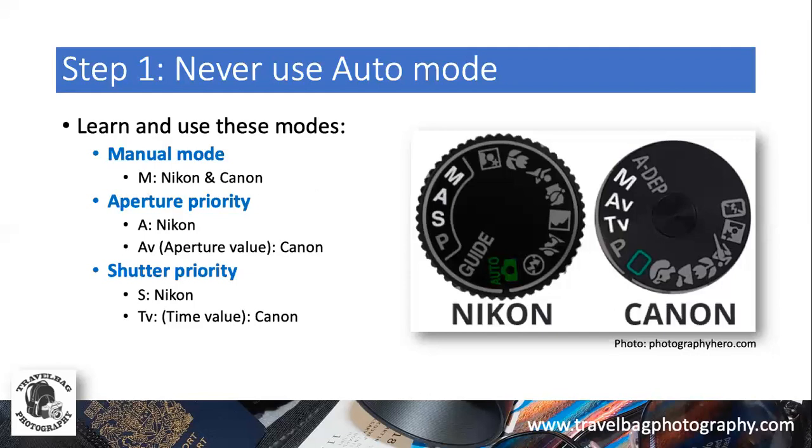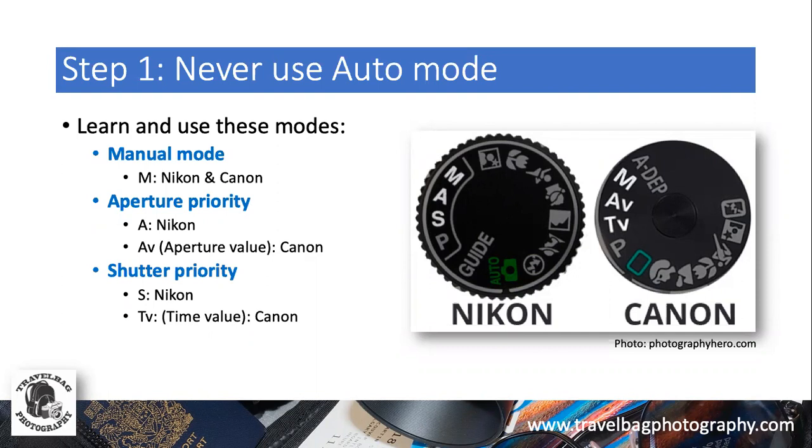Out of these 3, I only use 2 really. I use manual mode, which lets me adjust for both the aperture and the shutter at the same time. That's kind of my favorite one, and that's the one that I probably use the most. And aperture priority I use when I shoot all my wildlife, because really what I do is I use a very wide aperture, or a very big one, which is a low setting, like f 2.8.